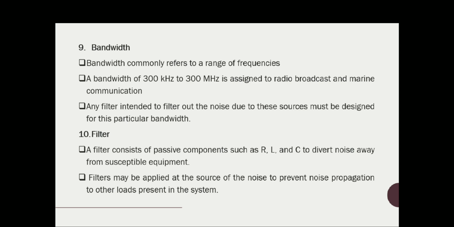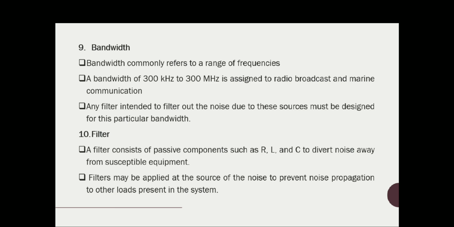Also, filters can be placed at the load side to protect a specific piece of equipment. And the choice of the type of filter would depend upon the location of the noise source, also the susceptibility of the equipment and the presence of more than one noise source.